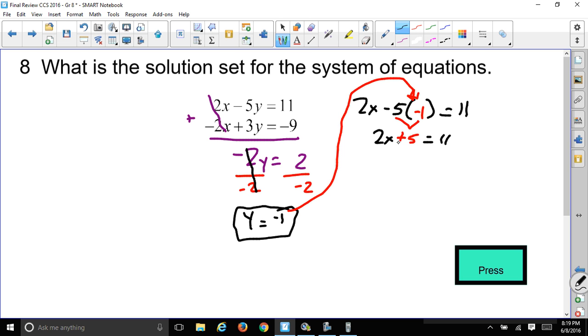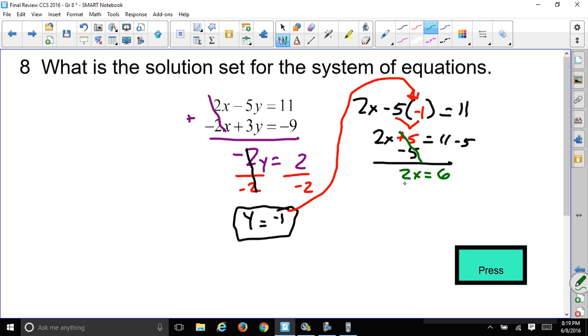Now I have an equation where I can do a little transposition, solving for x by subtracting 5 from both sides. The 5's cancel out, leaving me with 2x equal to 11 minus 5, which is 6.